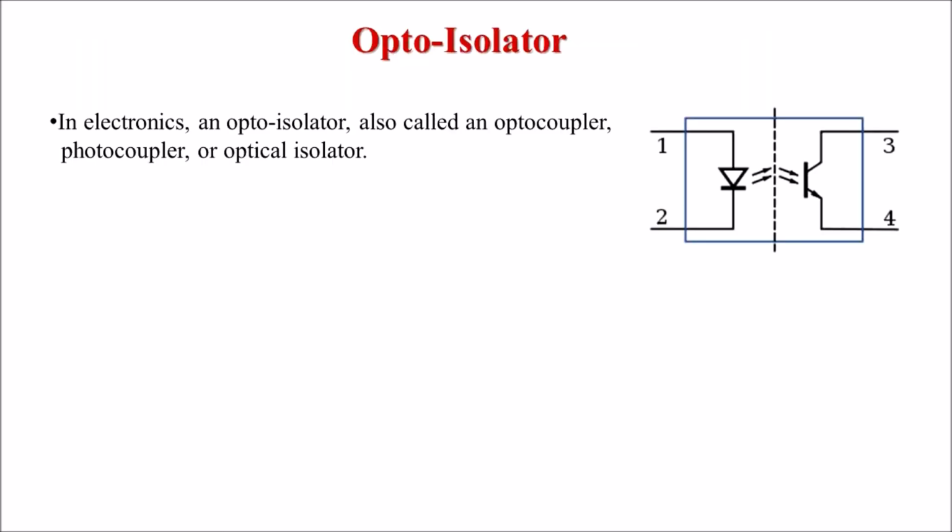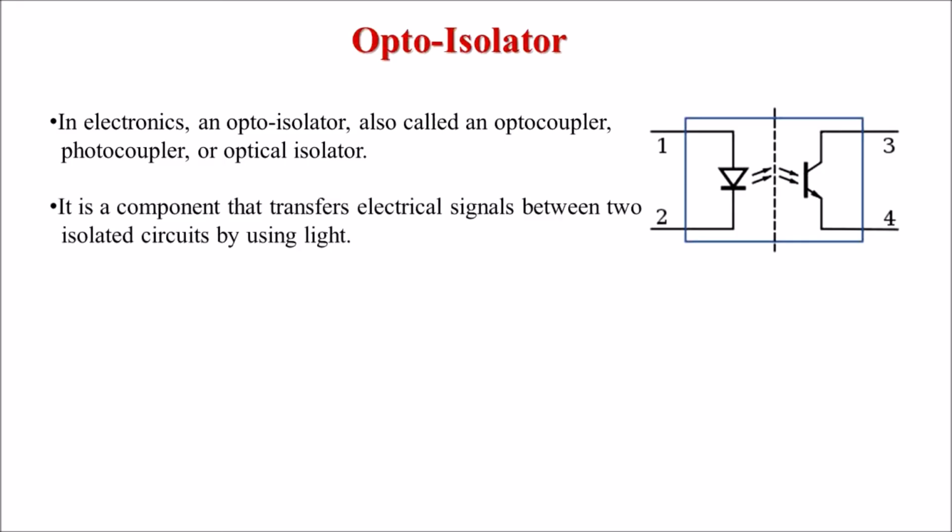Opto isolator is also called an optocoupler, photocoupler or optical isolator. It transfers an electrical signal between two isolated circuits by using light. As shown in this diagram, for transmission the LED is used, which will transmit light, and this light will be captured by the photodiode or phototransistor at the receiver side.